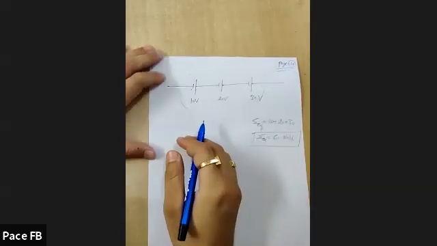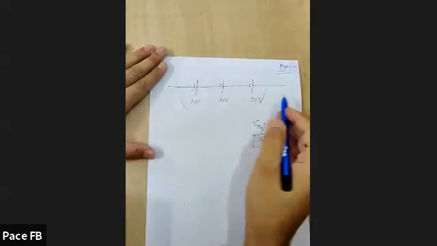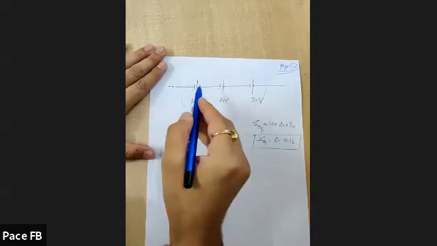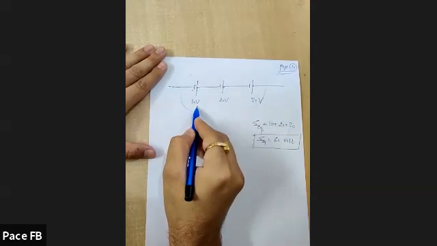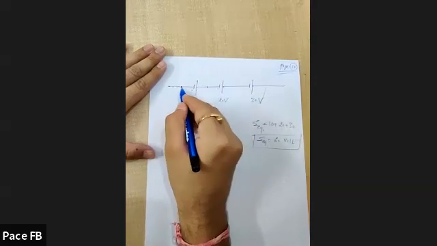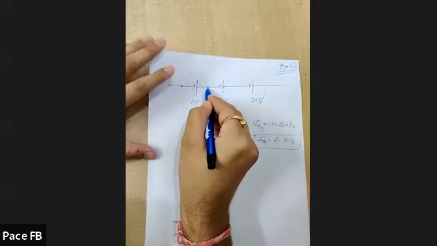But how? Now let me tell you why. Why do they support each other if they are connected alternatively? So if there is a battery of 10 volt, then this battery is telling me the terminal voltage across the ends. What is the potential?